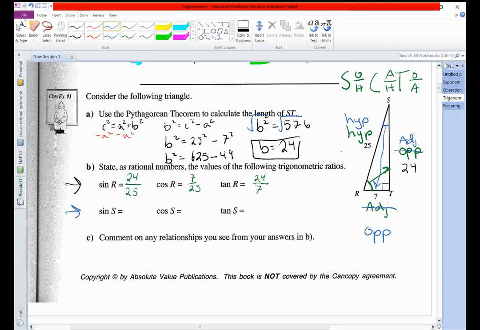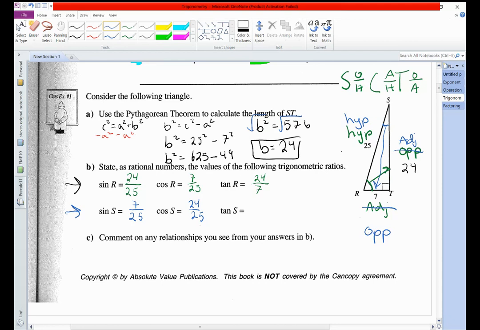So now if we're doing sine of s, it's going to be the opposite, which is 7, over the hypotenuse, which is 25. The cosine of s is the adjacent over the hypotenuse, which is 24 over 25.